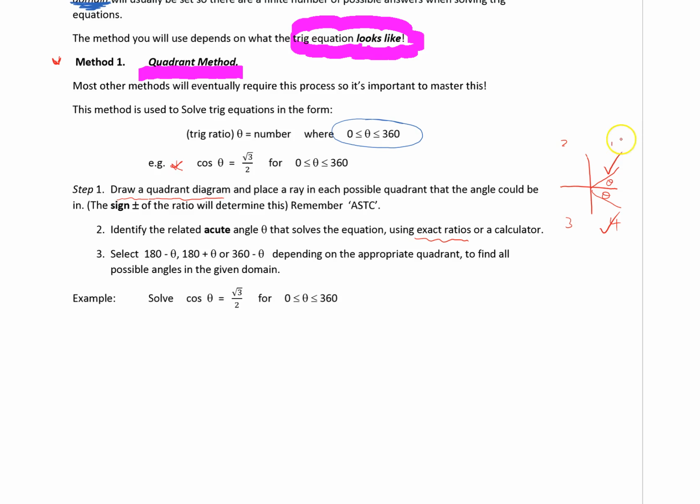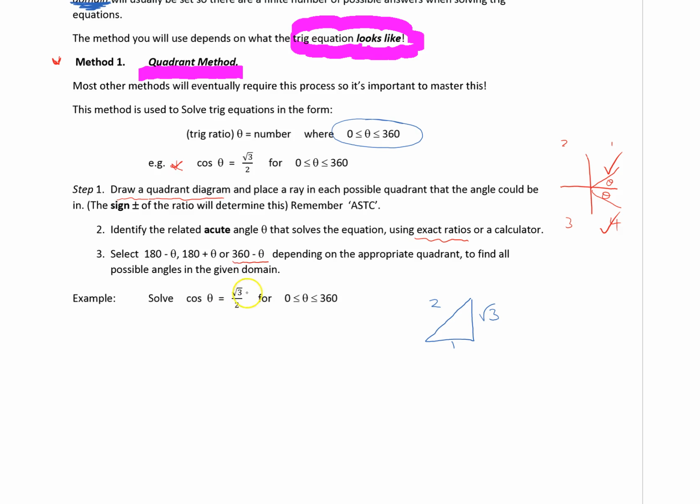Remember, first quadrant, all angles are just called theta, the acute value. And for this example, in the 4th quadrant, all angles are defined using 360 minus theta. So we've got cos theta is this √3 on 2, and we're in the 1st and the 4th quadrants.